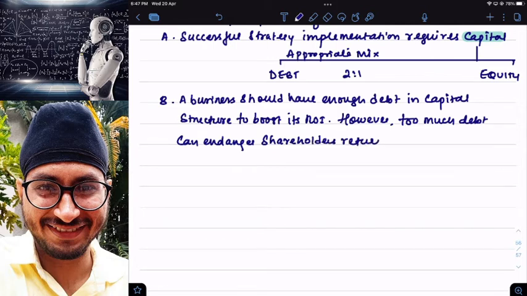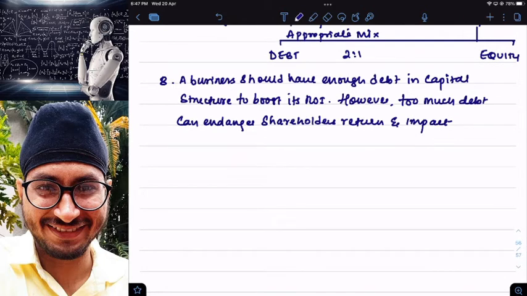Obviously, sir, when my loans increase, when my debt increases, interest payment increases, because of which my profit decreases. Dividend percentage I will also have to change accordingly, and it will also impact the survival of the business. So it will not only impact the income of shareholders, it will also impact the survival of a business.